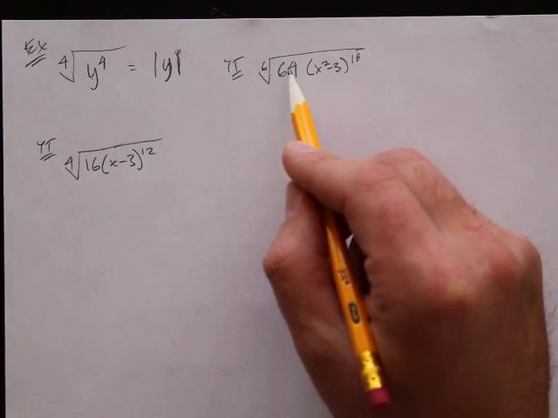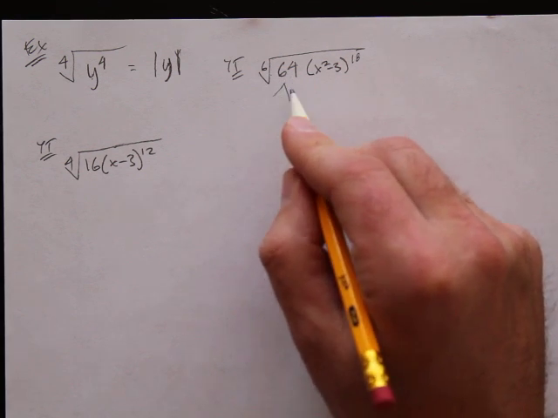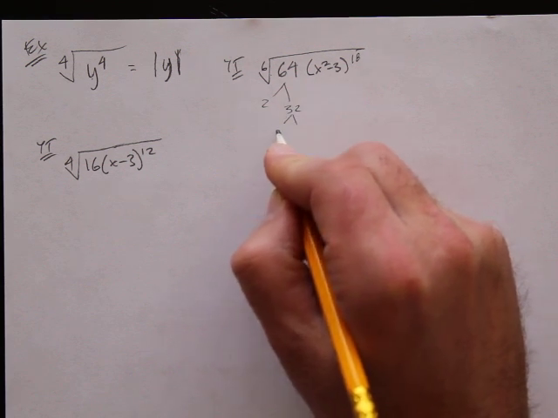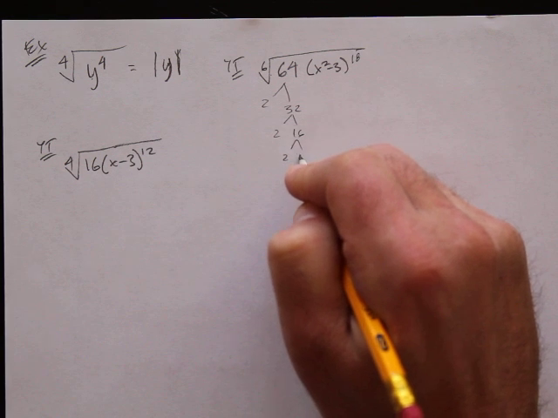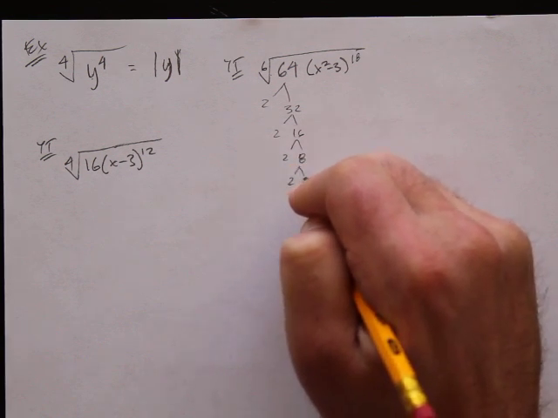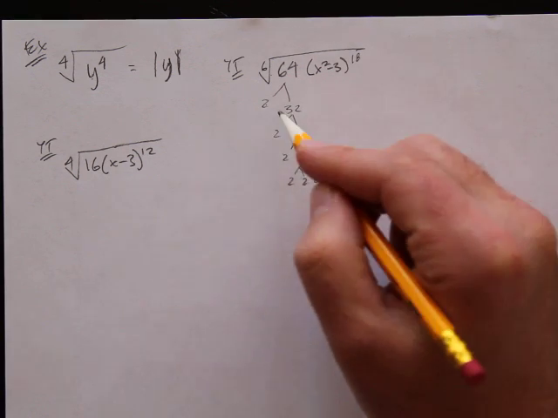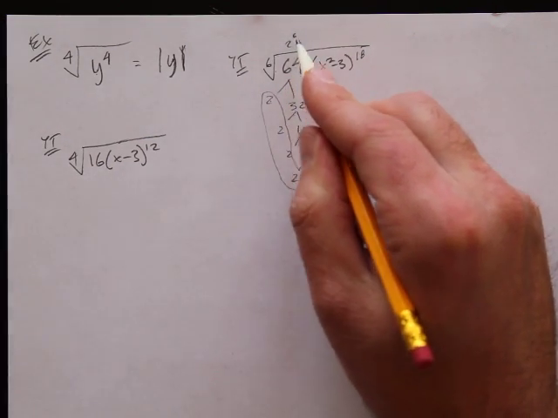Now this one, the sixth root of 64, this doesn't come to me super easily, so I'm going to factor this. So this is 2 times 32, 2 times 16, 2 times 8, 2 times 2 times 2. Okay, so I have 1, 2, 3, 4, 5, 6. All right, so 64 is 2 to the 6th power.